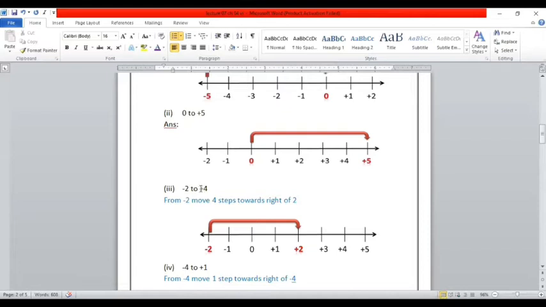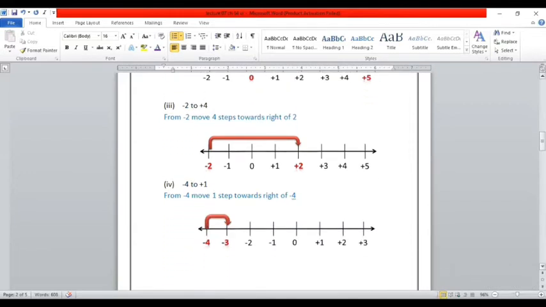If it is positive, then from the fixed number, that is the centered number, we have to move 4 steps from -2 towards the right because of the plus. Here 1 step, second, third, and fourth. It will be at +2.